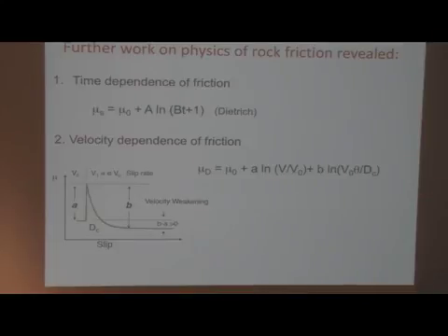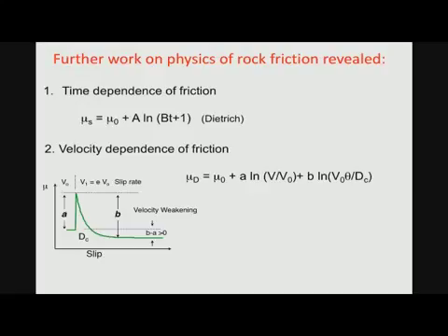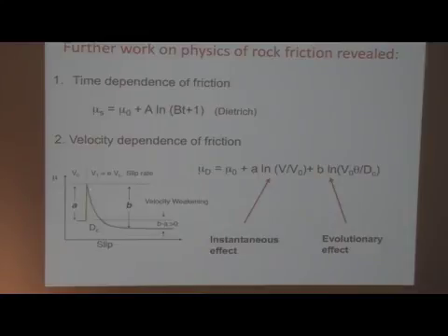Okay, and here's an expression. So now we're looking at dynamic friction because the rock is moving, and this part of the expression describes this instantaneous increase, and this part is what's called the evolutionary effect, this decrease.